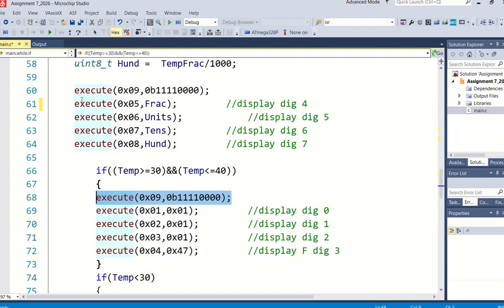It's not necessary. Once it's done, it will stay there. But as you can see, I'm only loading digit 0, which is going to be a 1 here, and I'm also loading digit number 1, which is the second one, and the third one, and the fourth one.